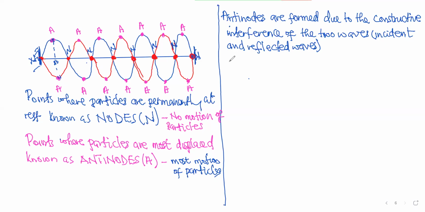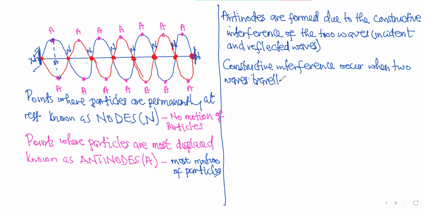Constructive interference occurs when two waves traveling in opposite directions are exactly in phase.